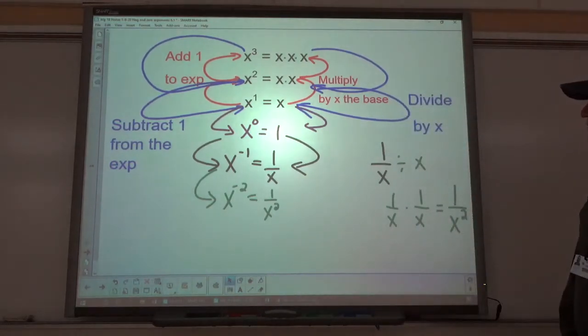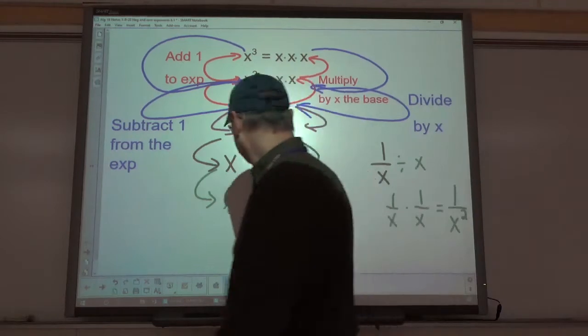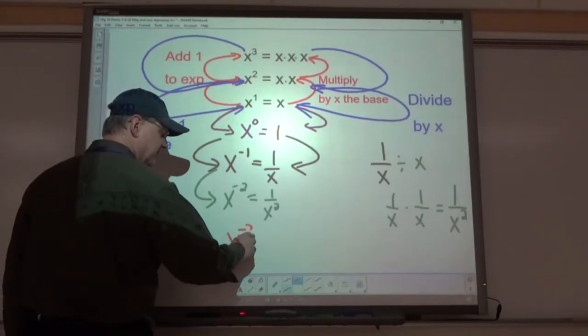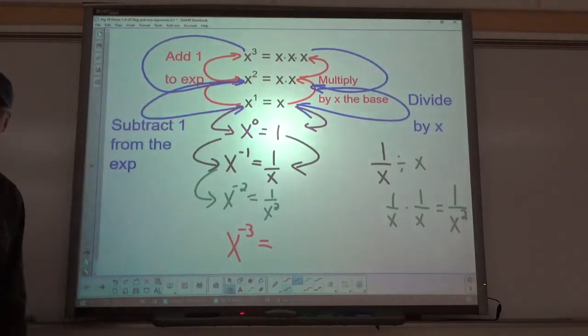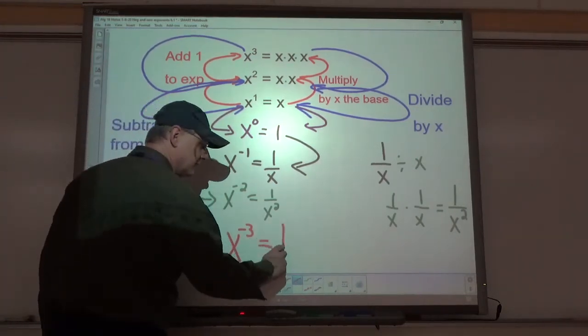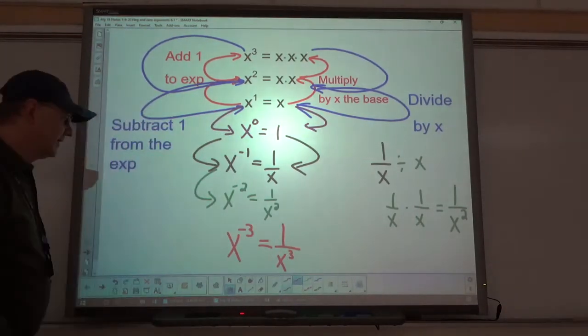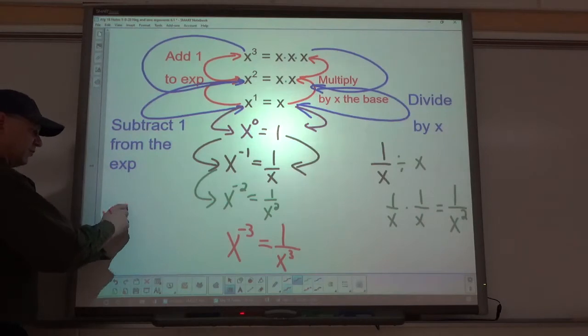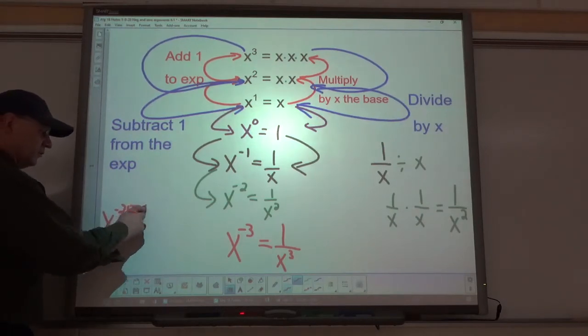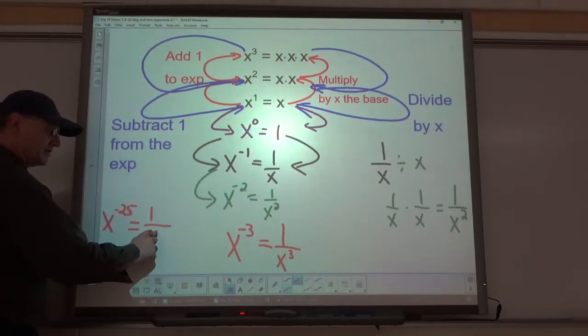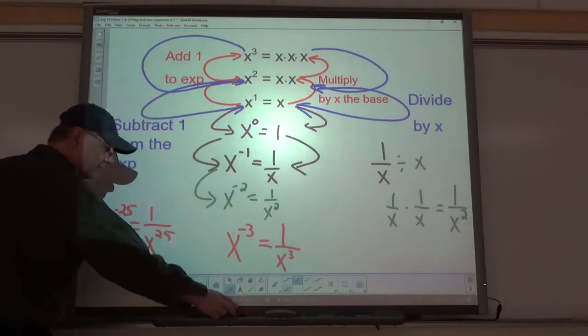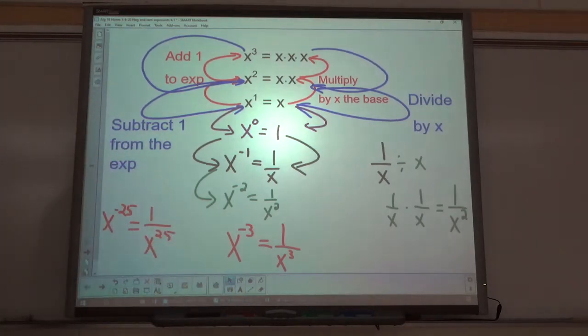Okay, so what do you think x to the negative 3 will come out to? If you guessed 1 over x to the positive 3, you'd be right. And x to the negative 25 is just going to be 1 over x to the positive 25. And it just keeps going.